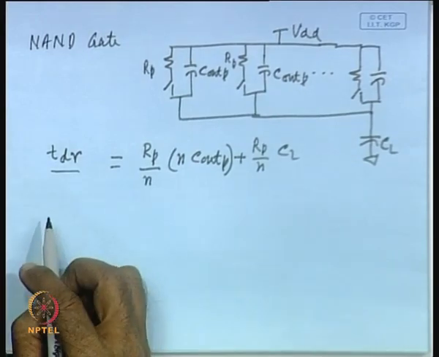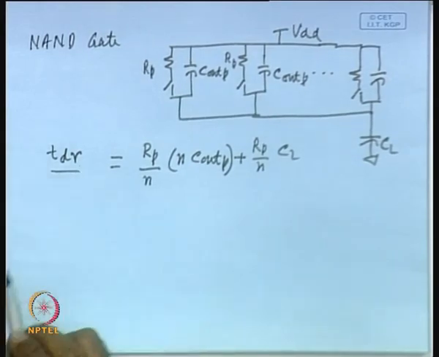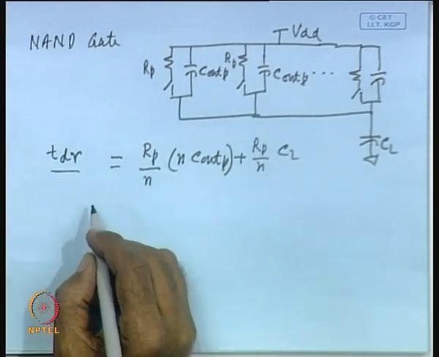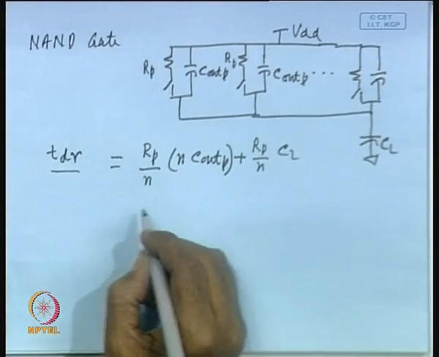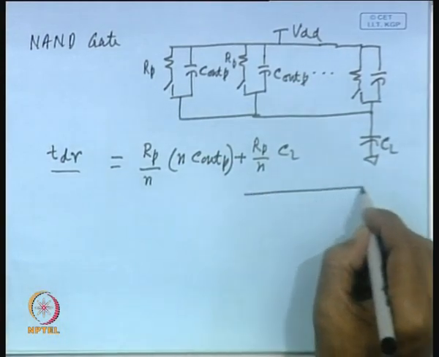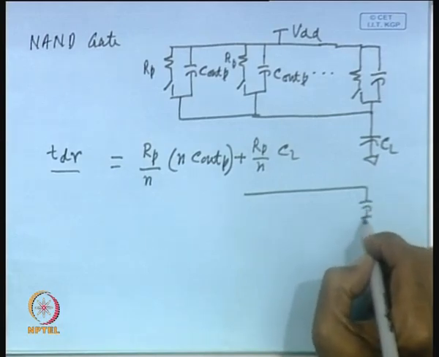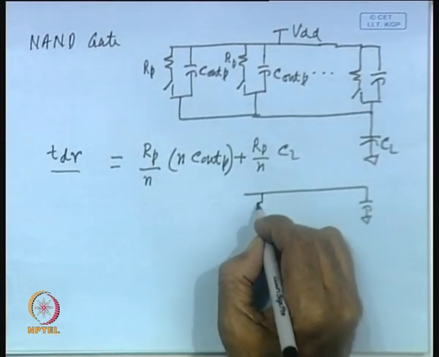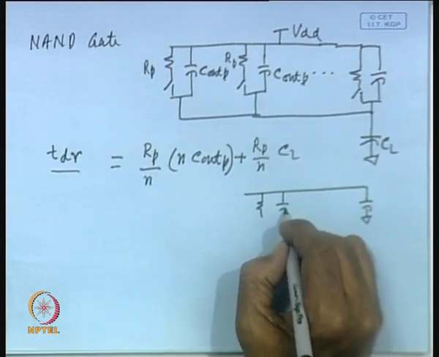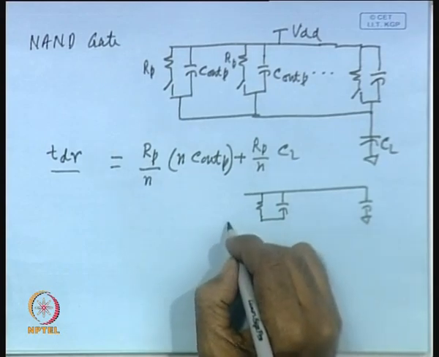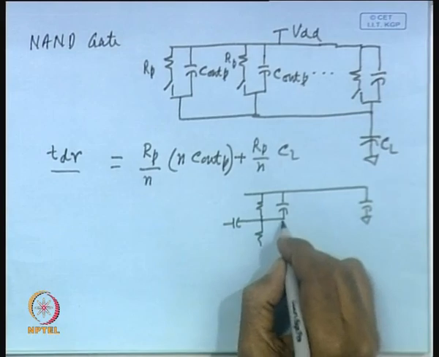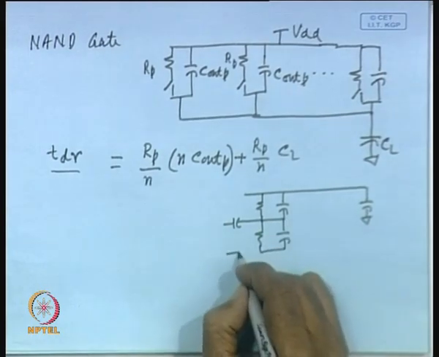What about TDF, the fall time? To do that, we can say that n transistors are in series. This is your load connected, then we have n transistors in series, with the input connected to the gate of each transistor.